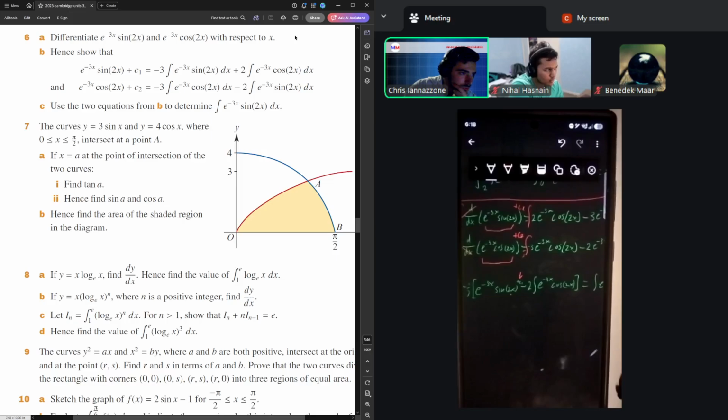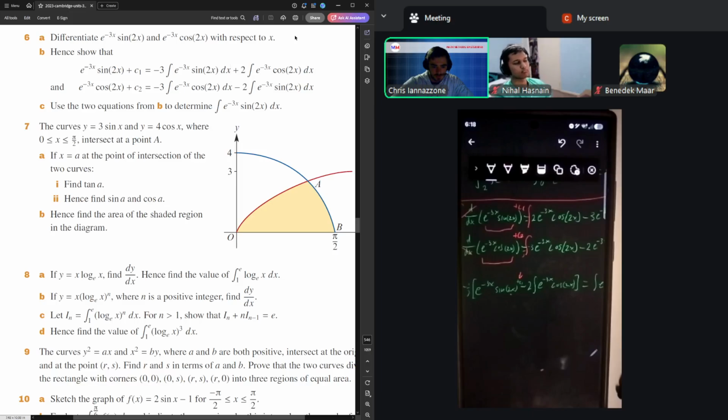Because two equations, two unknowns, presumably you could if you simultaneously solve them. I wonder to what extent you need to do this, because it says use the two equations. Do we need to just do the exact same thing in equation 2 and then equate them?